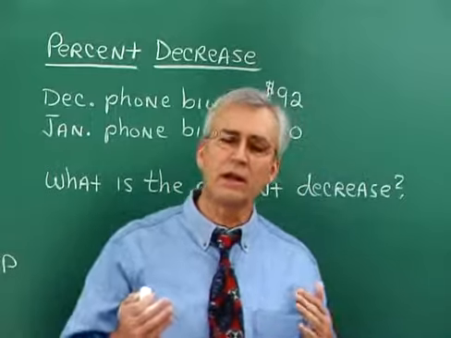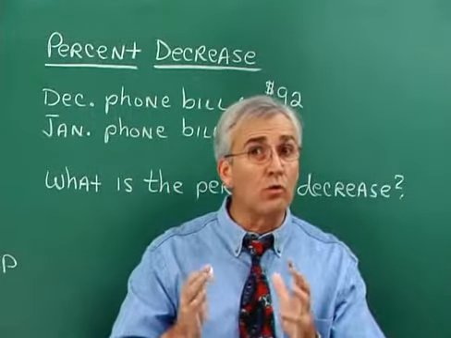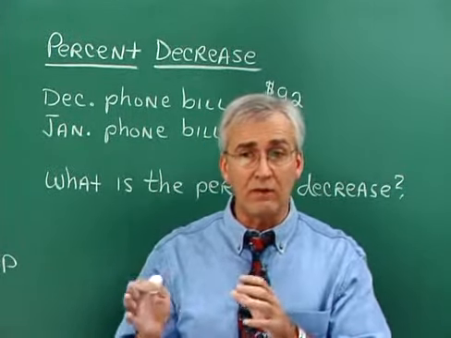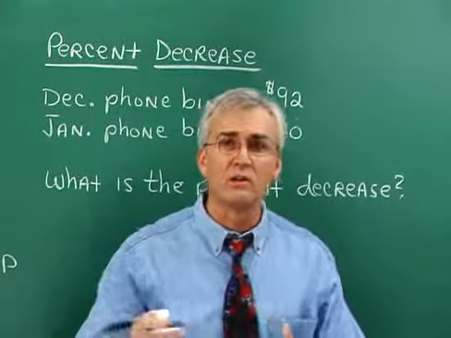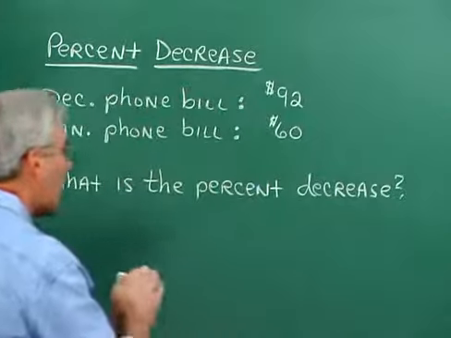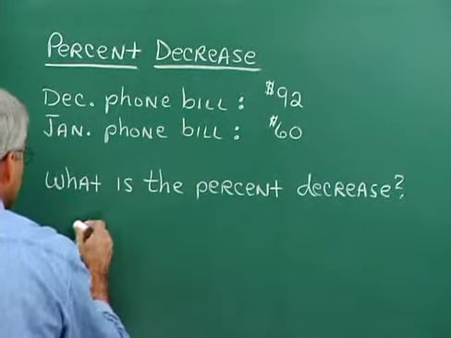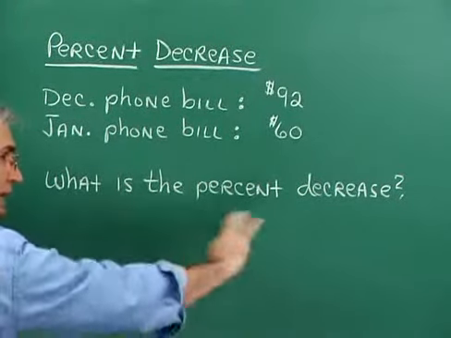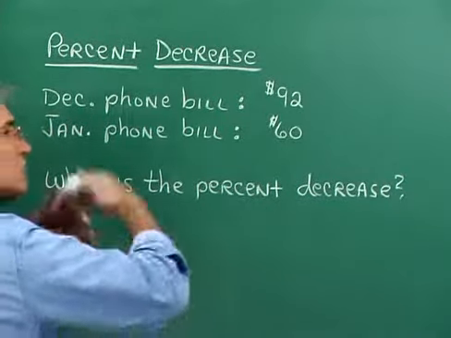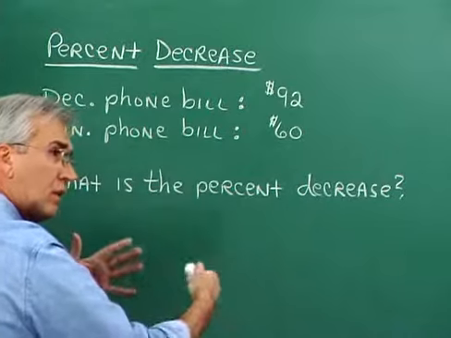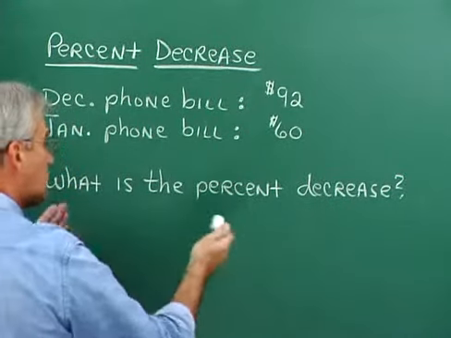And when we talked about increase, it was percent of original that turned out to be the increase. And now it's going to be decrease. So it's percent of original for our decrease. So I'm just going to jot down an idea here for relationship. And this is how you might start to cultivate some strategy for solution in your problems.